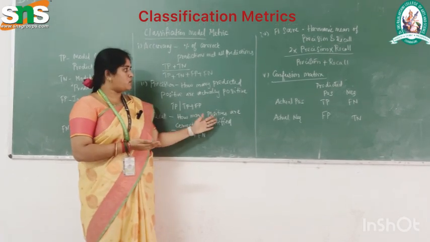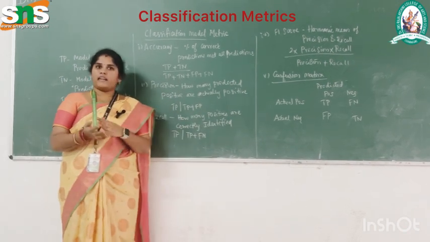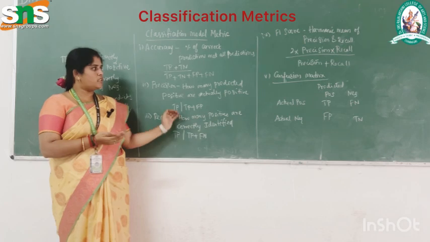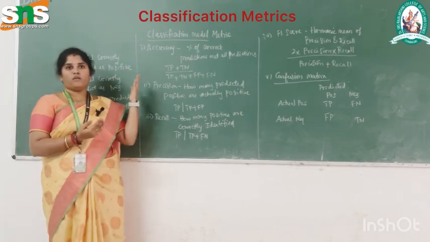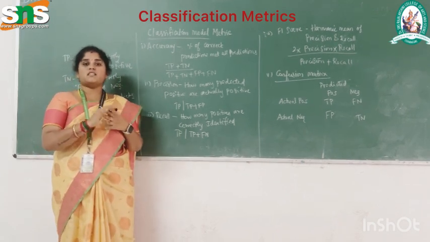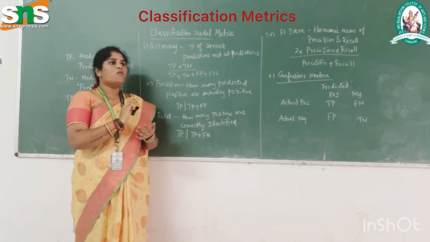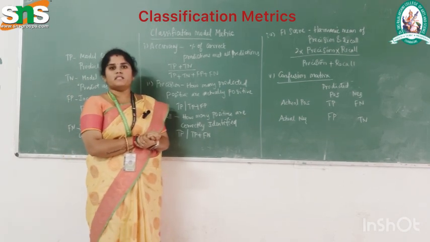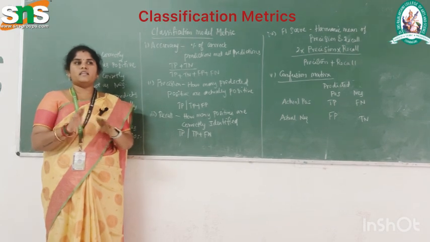For that purpose only we calculate these metrics. I have calculated the metrics based on these 5 things. I have always said that accuracy should be high, and the highest accuracy is 100%, which happens when the predicted one and the actual one are the same.